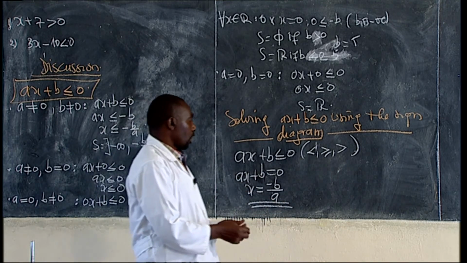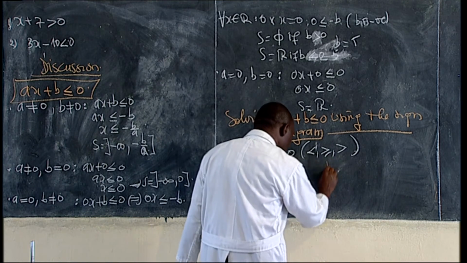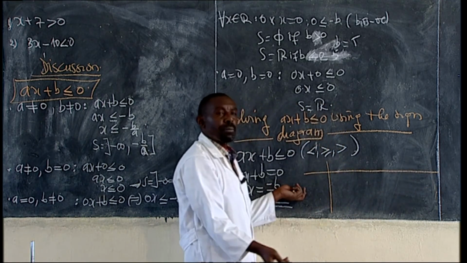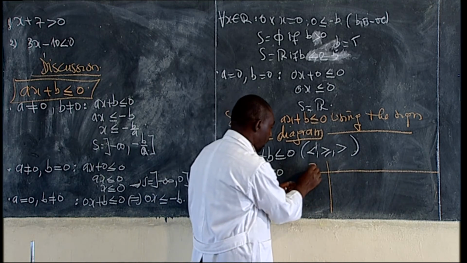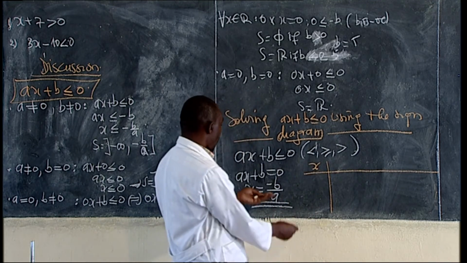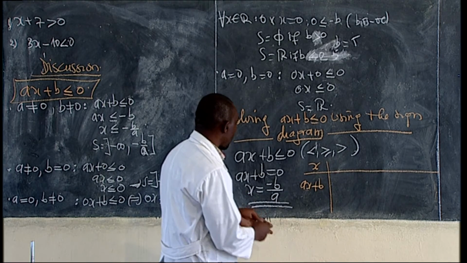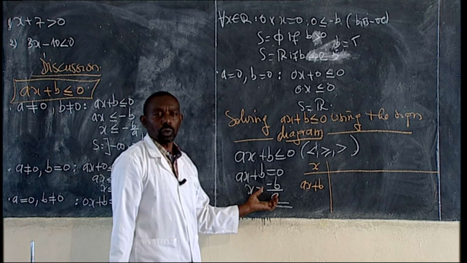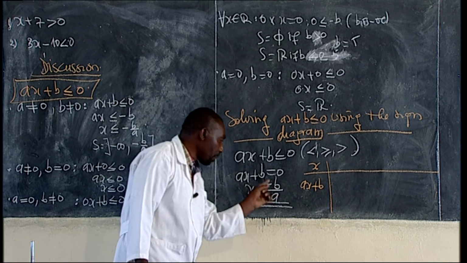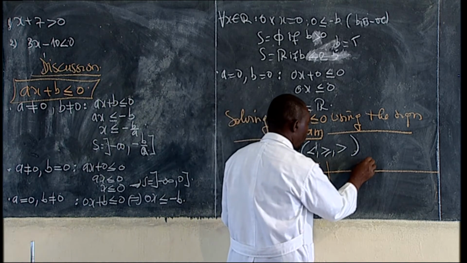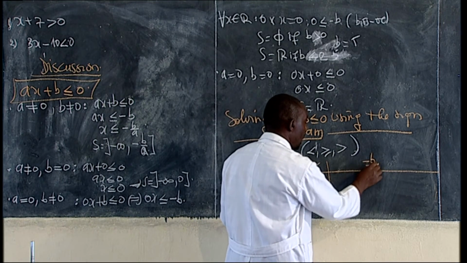Now, the sign diagram is here. The variable, the unknown, is x. You take our expression ax plus b. We know that the solution of this equation is minus b divided by a. I put minus b divided by a here.